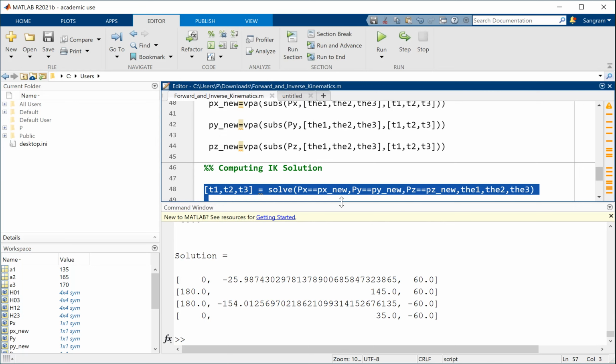Still you will get the same value. Third solution is 180 degrees, minus 154 and minus 60. It will still give you the solution. But at the end of the day, this is the value that we substituted for forward kinematics: our theta 1 was 0 degrees, theta 2 was 35 degrees, and theta 3 was minus 60 degrees. Are you with me so far?